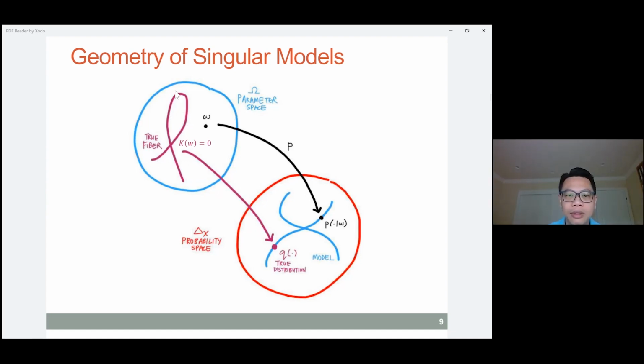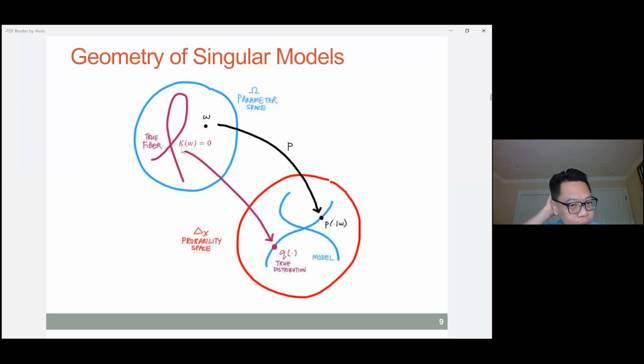So the equation of this variety, this is an analytic variety, is K of W equals 0. It's the set of all W such that K of W is 0. And here you remember that K has logarithms in it. Actually, we can reduce this variety to an algebraic variety, and I talk about this in my PhD thesis quite a bit, but I'm not going to go into that today.